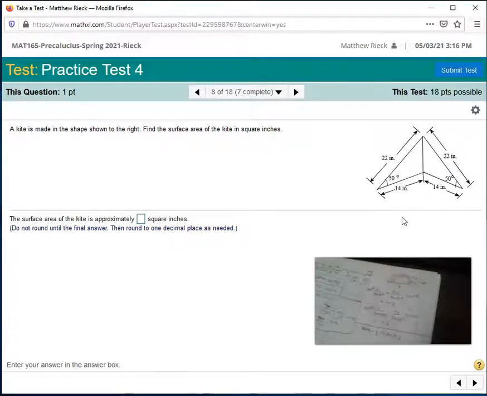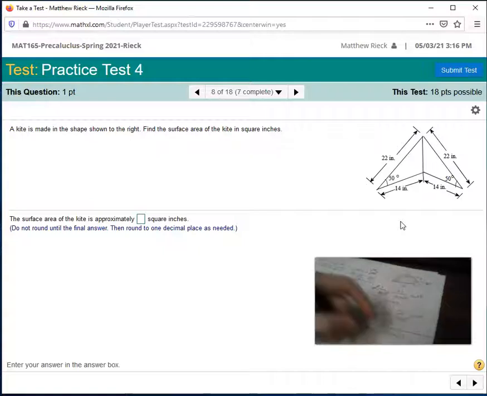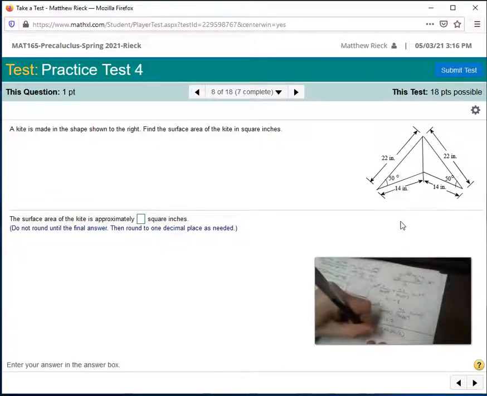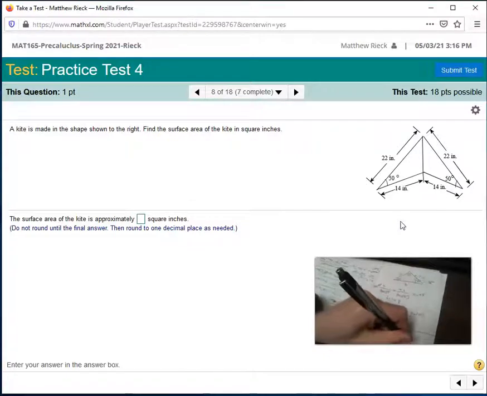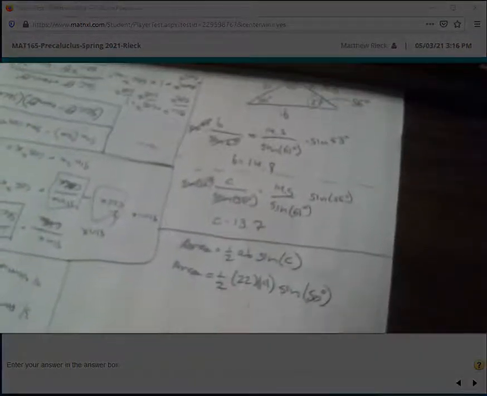All right. So in this case, the area of one of my triangles is going to be 1/2 the product of two sides. So we have 22 times 14 times the sine of the angle included between those two sides, which in this case is going to be 50 degrees. And then we're multiplying that by 2, so you can kind of ignore that 1/2 since we have two triangles of the same area.